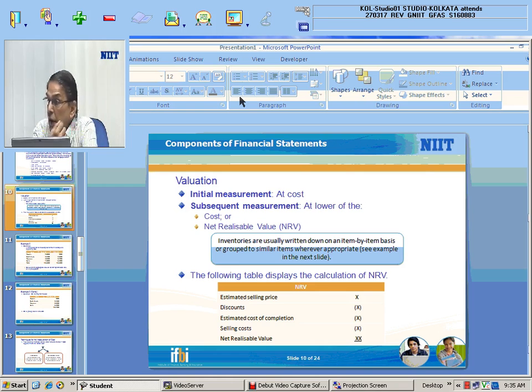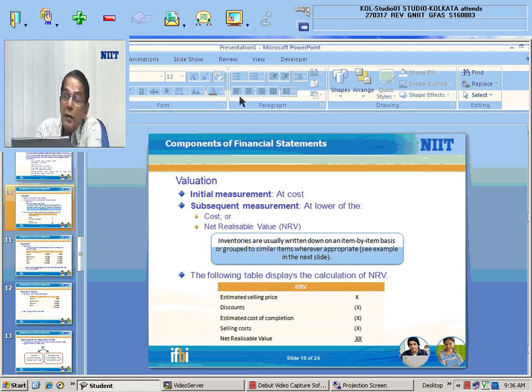Now the inventory is carried in the books at 50,000, but its net realizable value is 40,000. The subsequent measurement of the inventory should be 40,000. That means in your balance sheet, the inventory should be shown at 40,000. That means you have to write down the inventory from the value recorded in the books, that is cost 50,000, to its net realizable value, which is the subsequent measurement of the inventory. Then only is writing down needed.